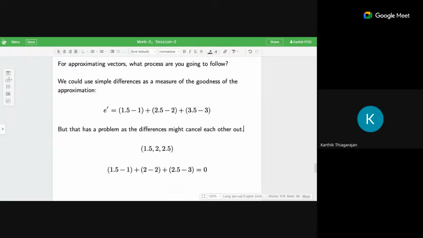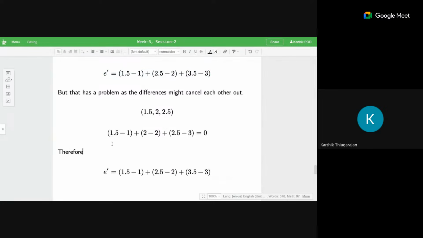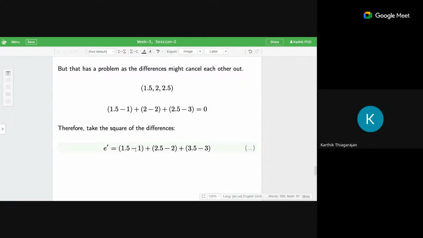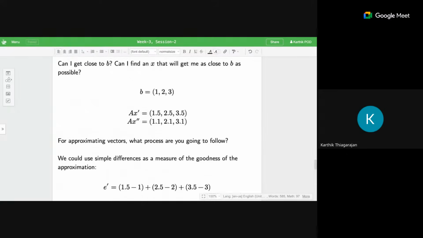So therefore simple differences are probably a bad idea. What could we do then? Just square. Square, right? So you just take the square of the differences. That is better for several reasons, but at least one reason is that it allows you to get rid of this feature where differences cancel each other out. Okay, so I hope this idea is clear.